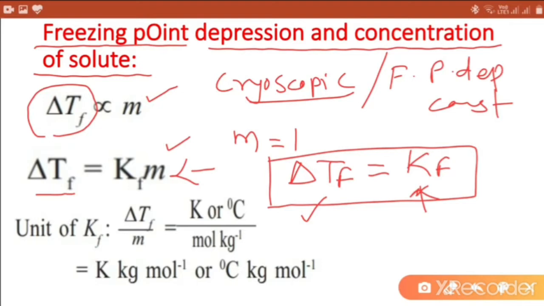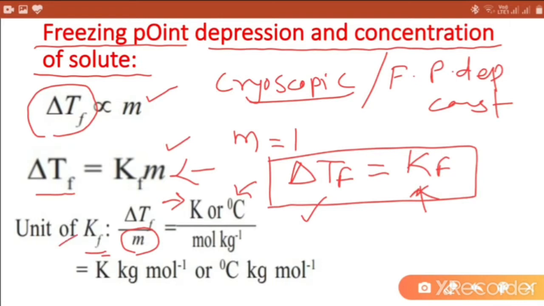And the unit of freezing point depression constant or cryoscopic constant: Kf is equal to delta Tf by small m, and unit of temperature is Kelvin or degree Celsius divided by unit of molality, mole per kg or mole into kg raised to minus 1.